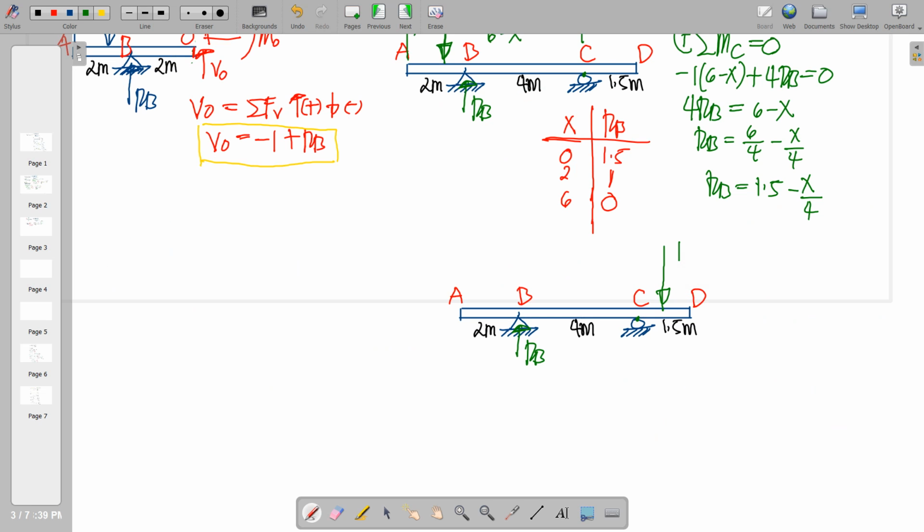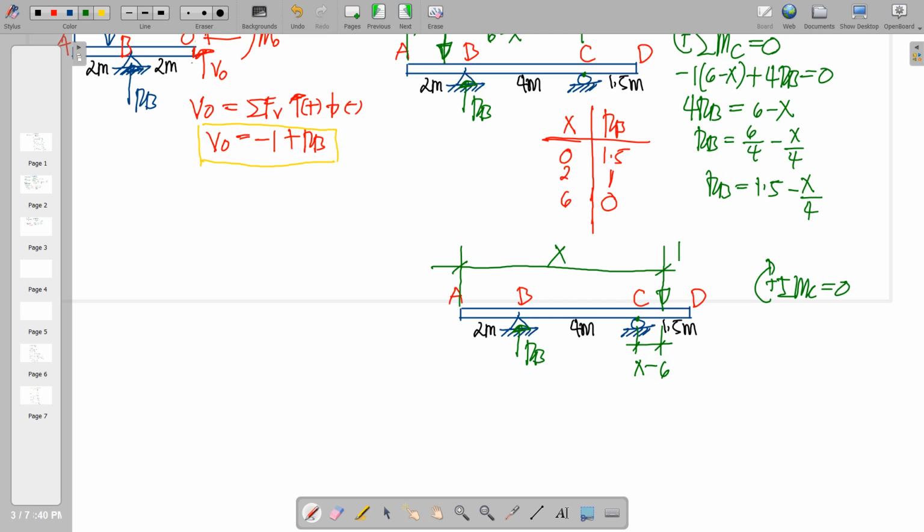And as we can see here, your unit load will be within the boundary of CD, and that will be measured by the same x coming from A. So again, we take moments at C. So we will need the distance of 1 from point C. And what is that distance? If this is 6, that is x. Therefore, for the remaining distance we just subtract 6 from x.